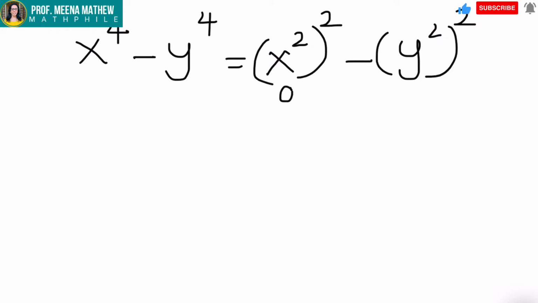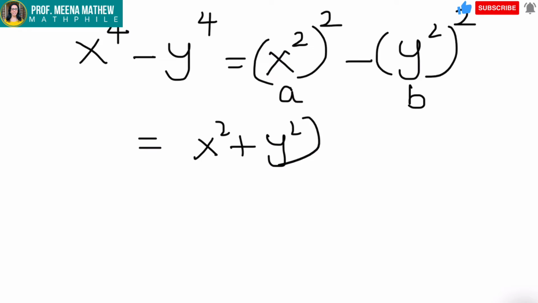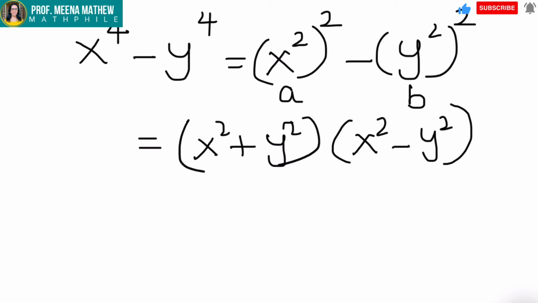Here we can take the x square as a and y square as b. Sum times difference. So that is x square plus y square times x square minus y square.